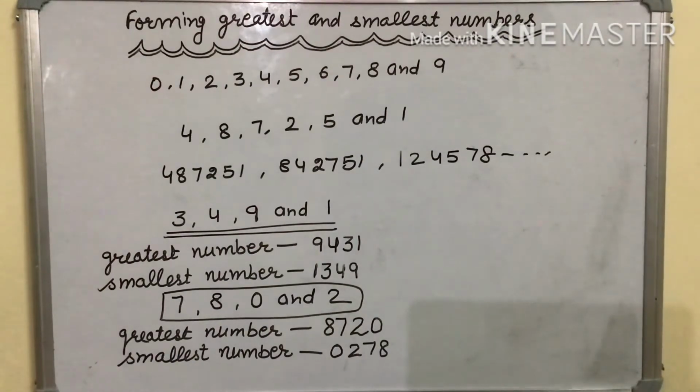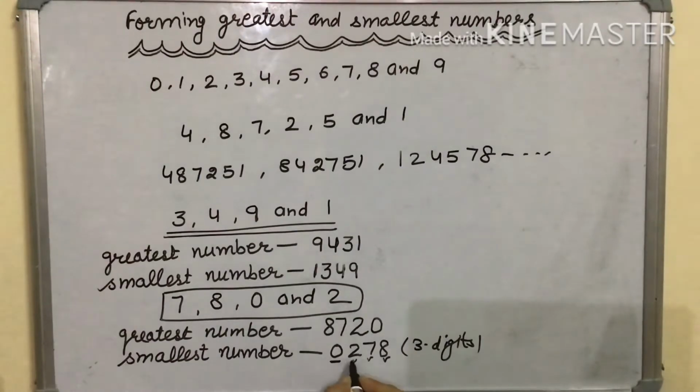But we see that this is not a number of 4 digits because in the starting 0 has no value and we only count 3 digits. So it is a number of 3 digits. But we have to write a 4 digit number. So what do we have to do?